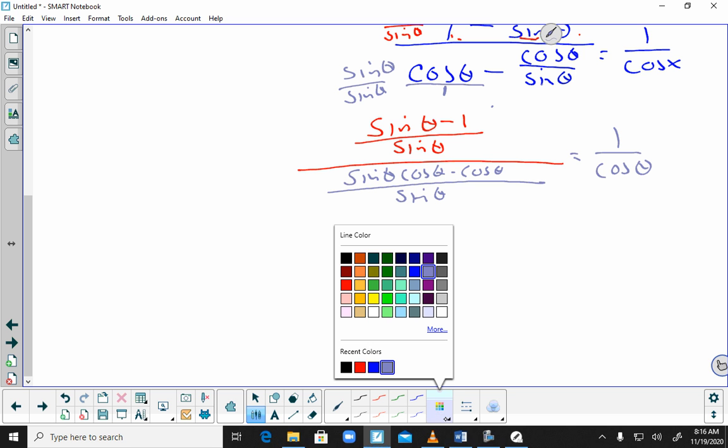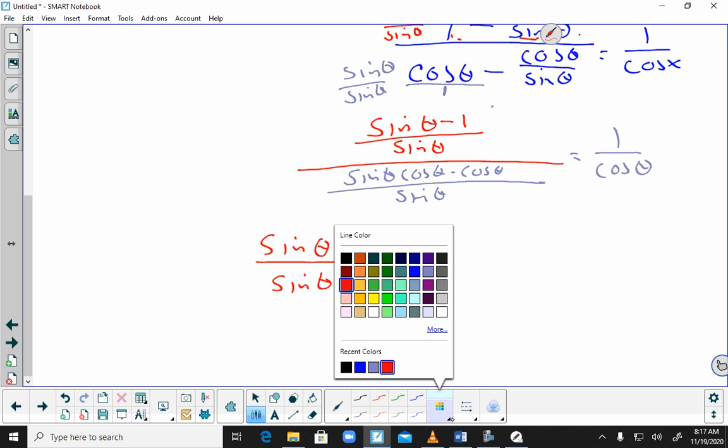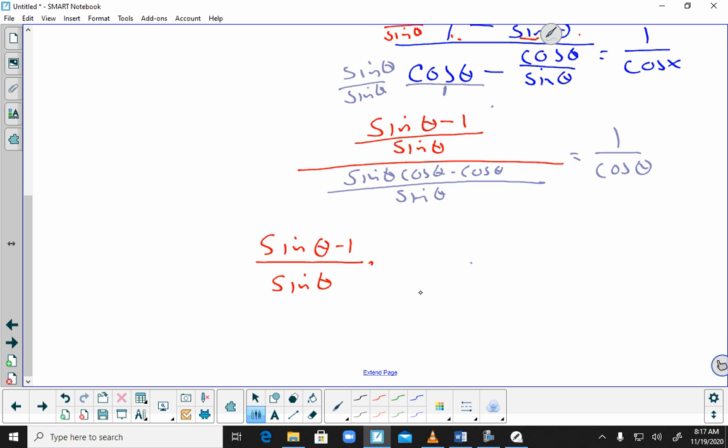So leaving the top fraction alone, taking the reciprocal of the other fraction, so this will be sine of theta over, and while I'm here, I'm going to factor out a cosine theta if you don't mind.